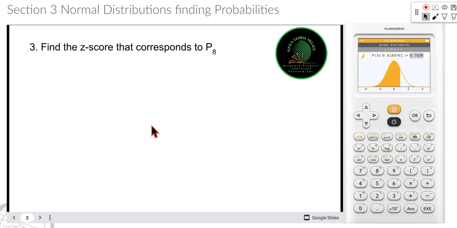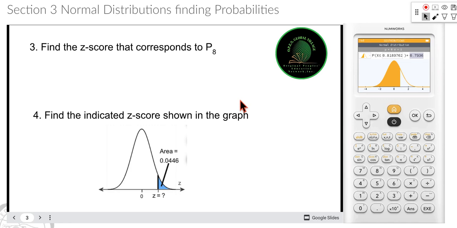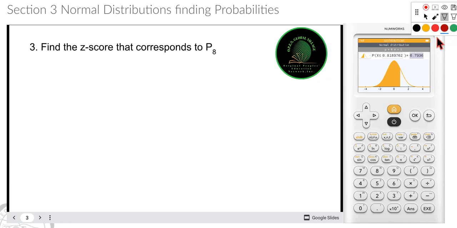Another thing that we do here is understanding the language. The z-score that corresponds to P sub 8. P sub 8 is the symbol for a percentile, the 8th percentile.